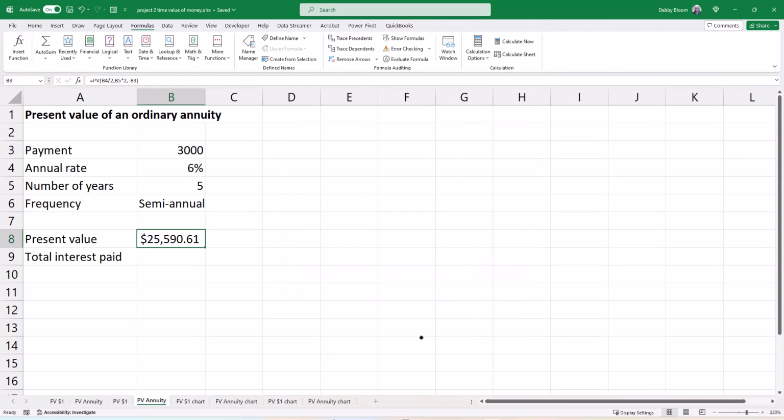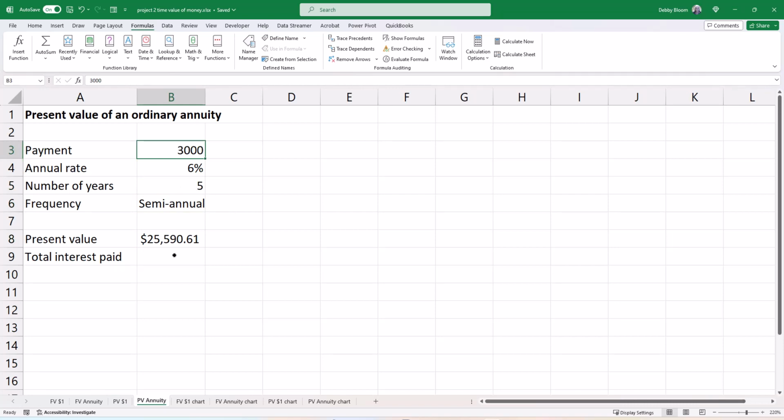Our present value is $25,590.61. So if you could make these payments, $3,000, semi-annual over 5 years, the amount of car that you could afford today, $25,590.61.